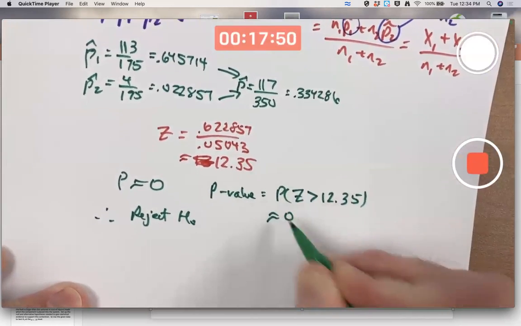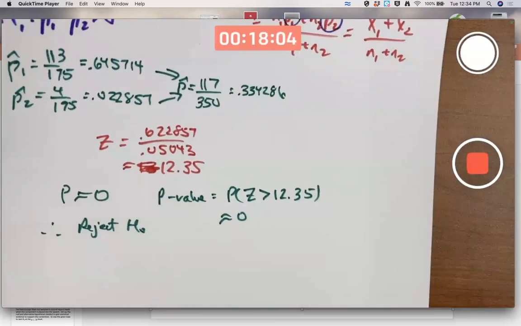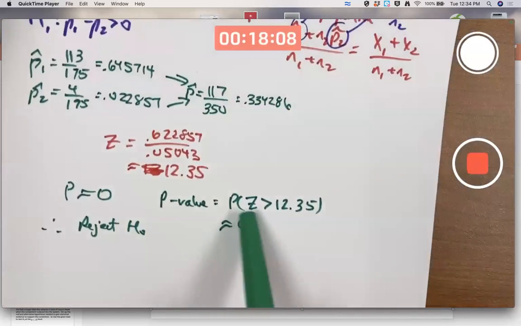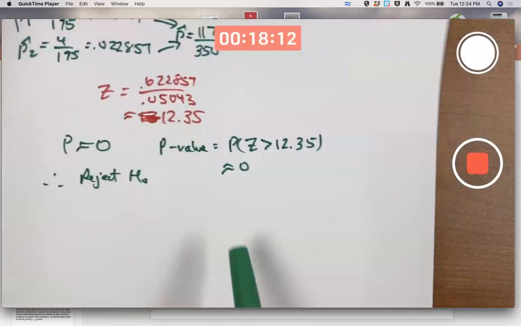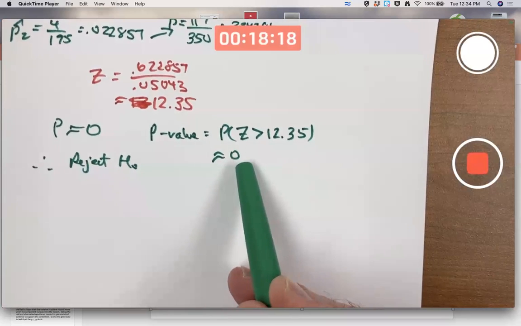It's approximately 0. Off the chart in the table, calculator even gave 0, even though technically it's a tiny positive number. It's a right-tailed test. That's why this is greater than. If it had been a two-tailed test, if this had been a not equal to, I'd want to double the one-tailed p-value, but this is still so close to 0 that the answer would still be super close to 0, and you'd still reject the null.